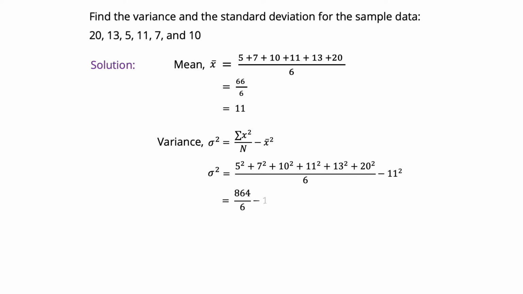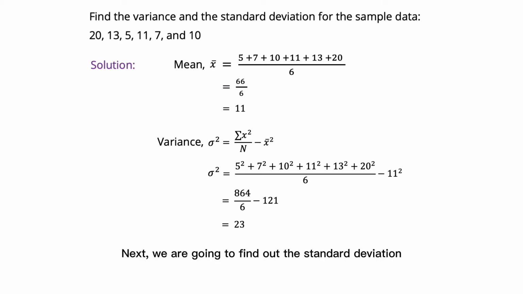We have 864 divided by 6 minus 121. The variance is 23. Next, we find the standard deviation. Since the standard deviation is the square root of the variance, the square root of 23 is 4.8. Therefore, the standard deviation is 4.8.